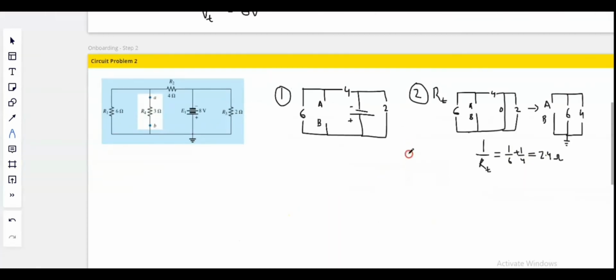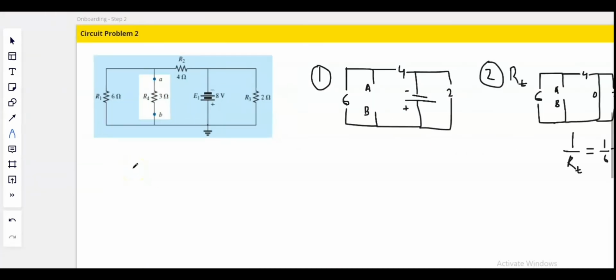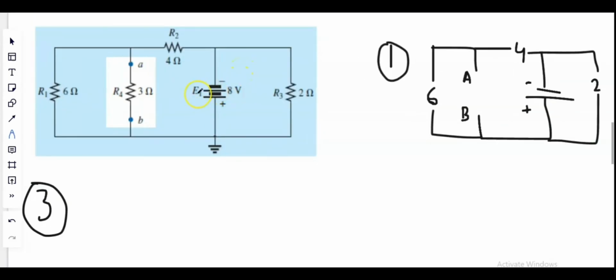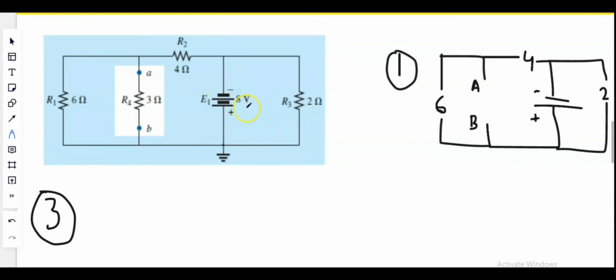Now step 3. We need to find our Thevenin voltage. To find Thevenin voltage, we need to restore our power source. And we need to redraw our diagram again. But wait. We have the power source here. To find the voltage across A and B, the voltage across A and B will be the same as the voltage drop across R1.